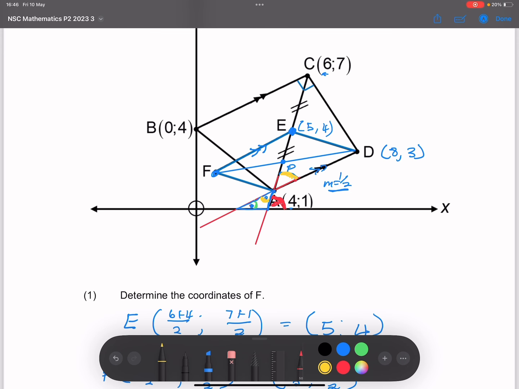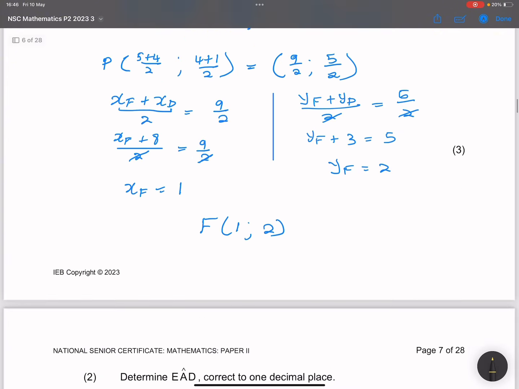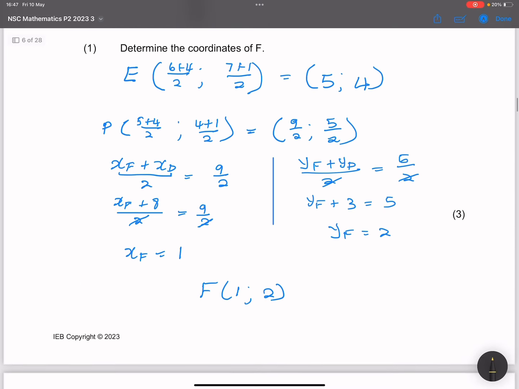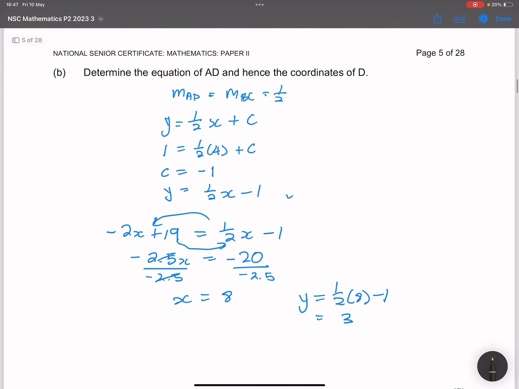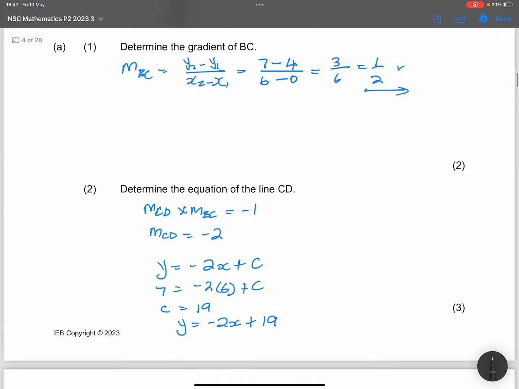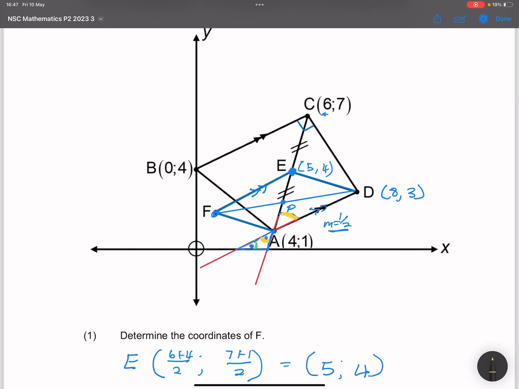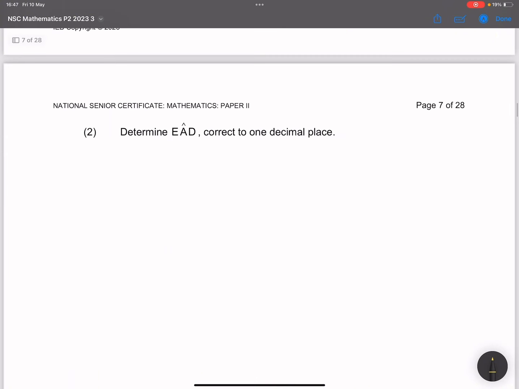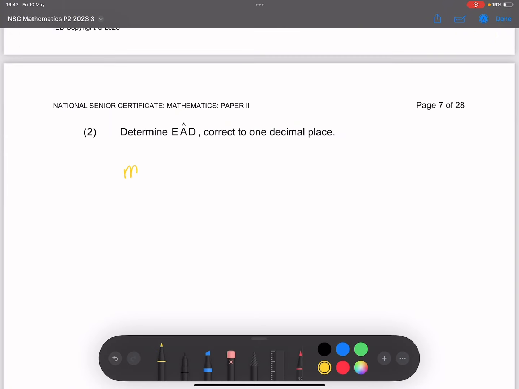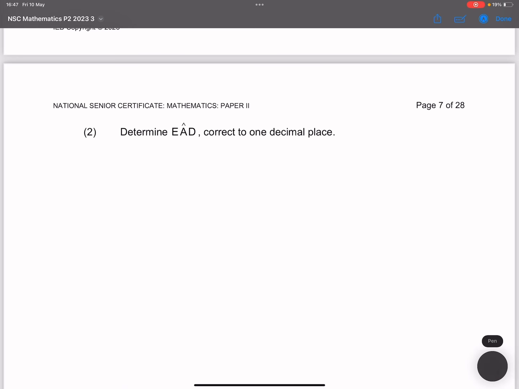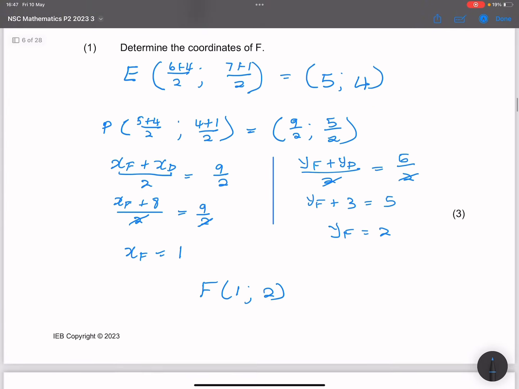So what I'm going to do is determine the gradient of the line CA. So let's find the gradient of CA. By the way, there's nowhere where we had actually found that gradient. So the gradient of CA, let's take our values there.